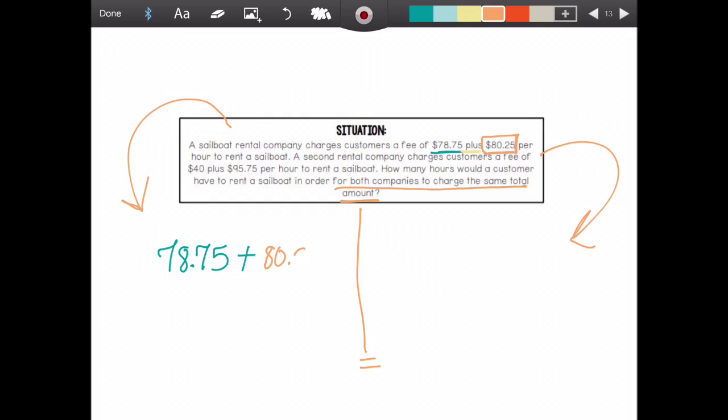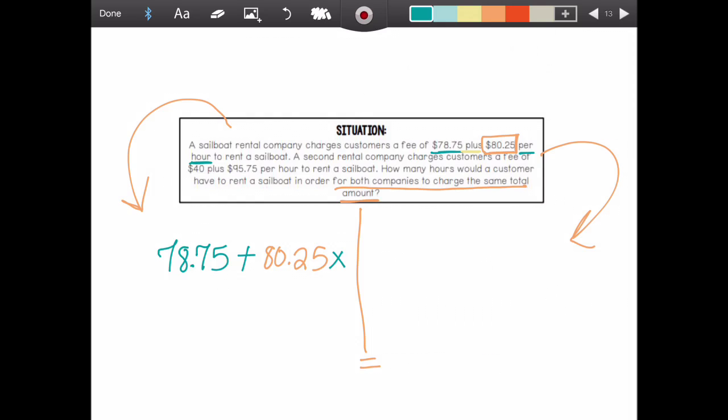That's how much is going to get charged. What is changing is the number of hours, because each customer is going to rent the boat for a different amount of time. So the per hour is our variable, the thing that is changing. So we have 80.25 times X. That's sailboat company number 1.